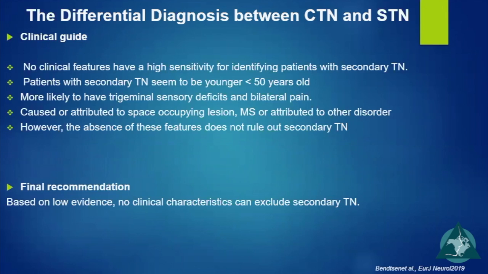By clinical guide, no clinical features have a high sensitivity for identifying patients with secondary trigeminal neuralgia. Patients with secondary trigeminal neuralgia seem to be younger than 50 years old and more likely to have trigeminal sensory deficit and bilateral pain, caused or attributed to a space-occupying lesion, MS, or attributed to other disorder, and involvement of V1.